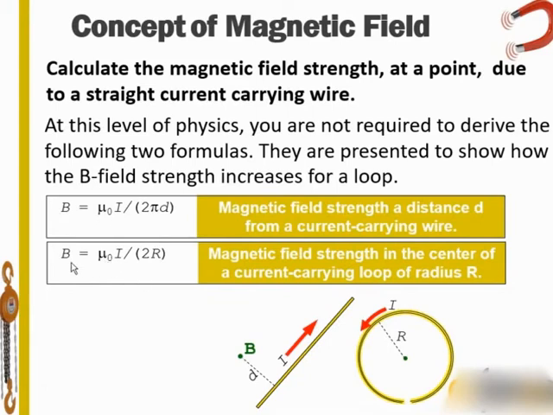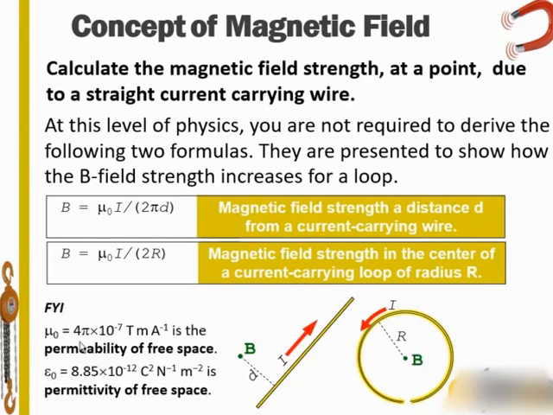B, which is the magnetic field strength, is equal to mu, and that's a mu zero, but mu zero just means mu, and it's a constant, and I'll explain what the constant is in a moment, multiplied by the current, divided by 2R, where R, in this case big R, is the radius of the loop. So mu is a constant.